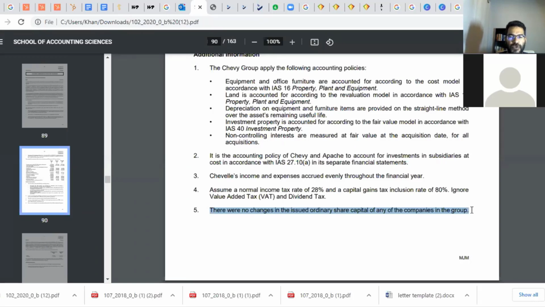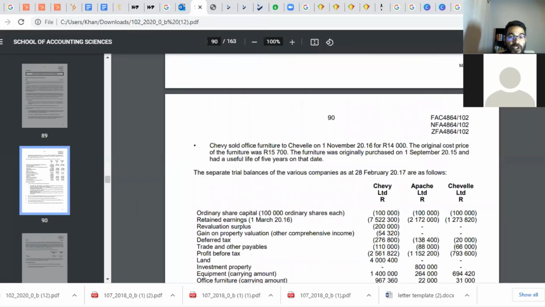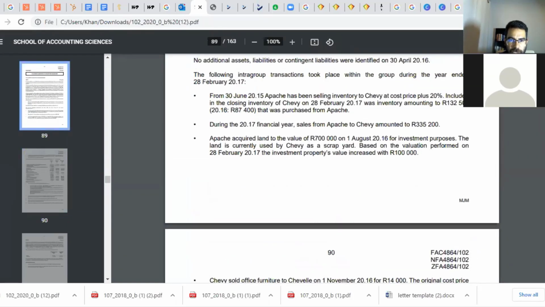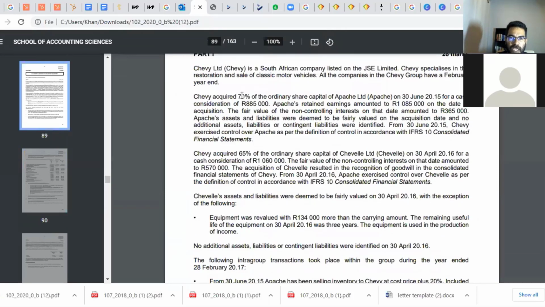For CTA 2 students, CTA 1 as well, but particularly CTA 2, I just want to bring your attention to this. It does not mean that if we have more than 50% we have control. CTA 2 students, please be aware of that.